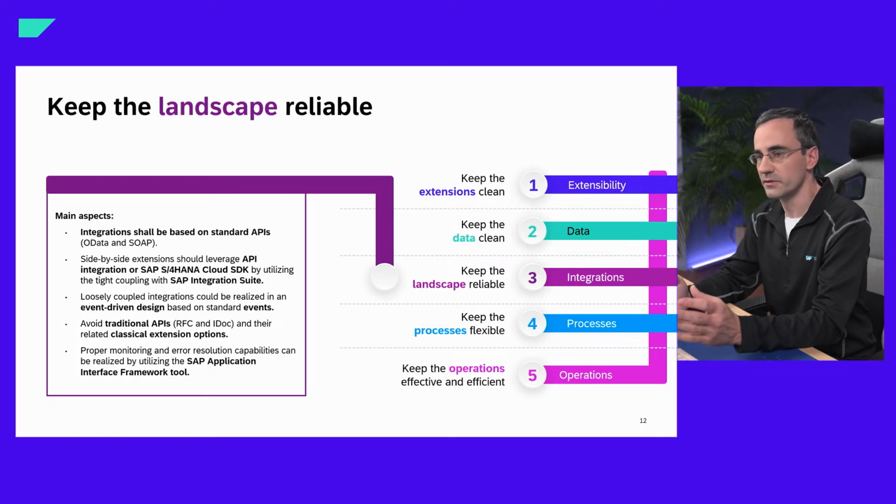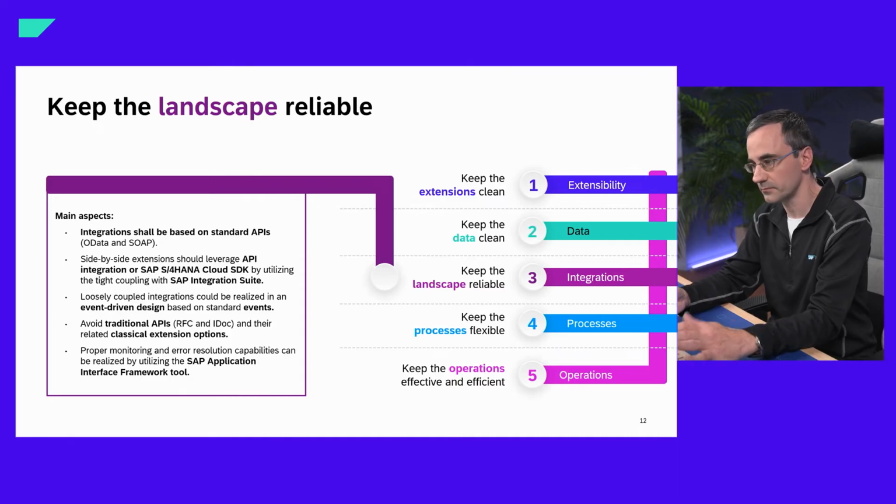It's recommended to build these in a modern way, OData and SOAP APIs, not traditional RFC, IDoc, etc. APIs, and wherever applicable, use a modern event-driven design, for example. When you build your own APIs, integrate them with an SAP Application Interface Framework tool, so SAP AIF, in order to have, for example, proper monitoring.